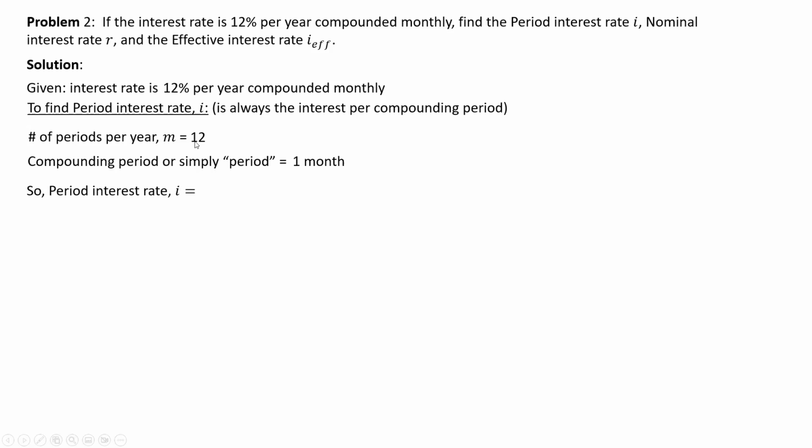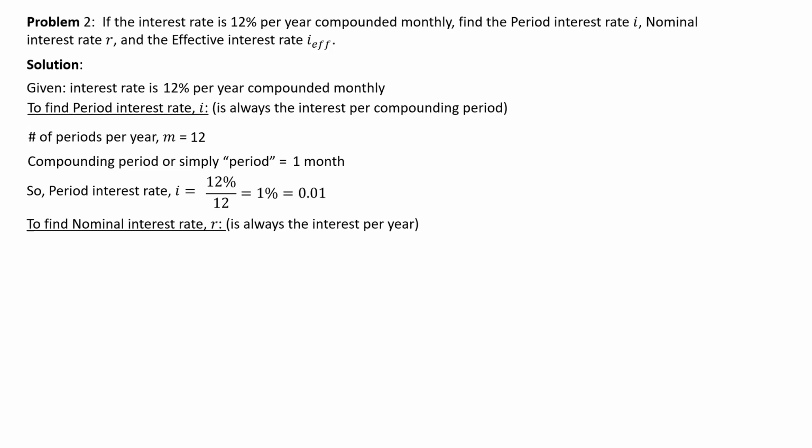Since what is given is for the whole year, 12% per year, we just simply say 12%, the yearly interest rate divided by 12 months. And that gives you 1%. So the period interest rate I is 0.01 or 1%.